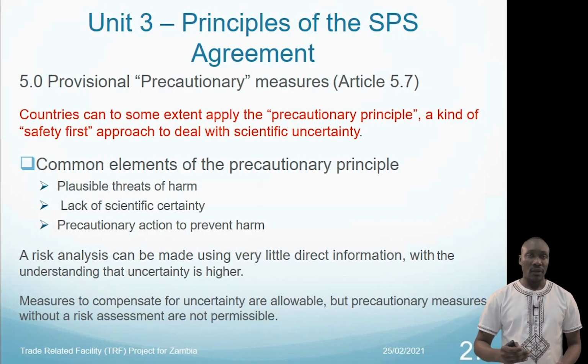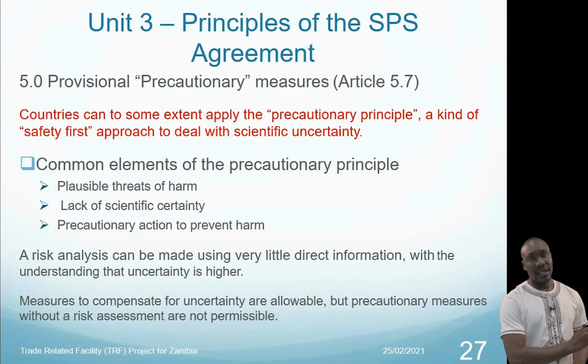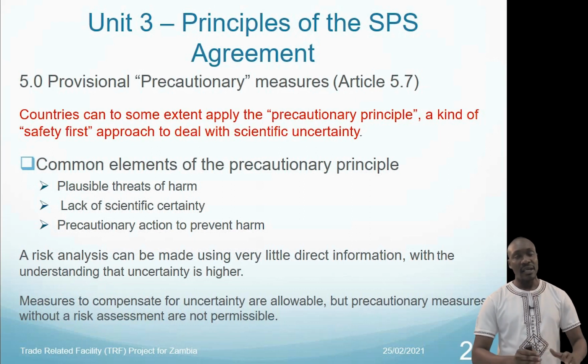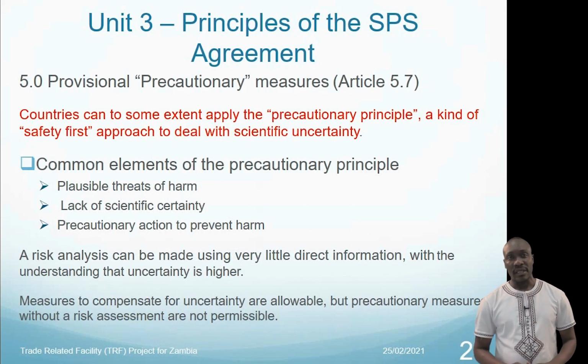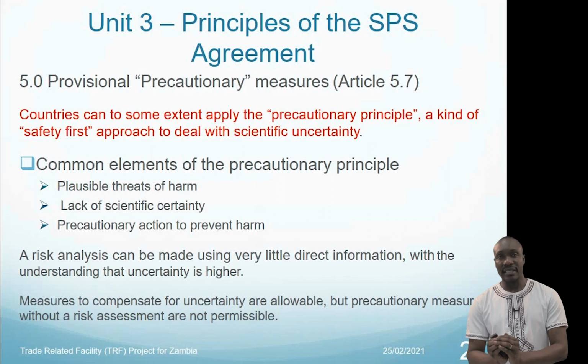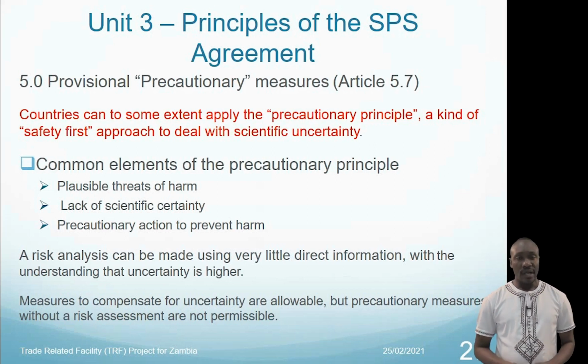That we may not know the other information, we may not be able to determine the exposures and determine the consequences. But we know potentially that this thing is very harmful, so we can apply the measures right there and then.